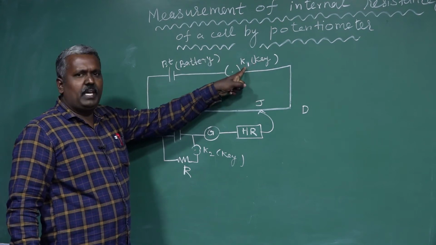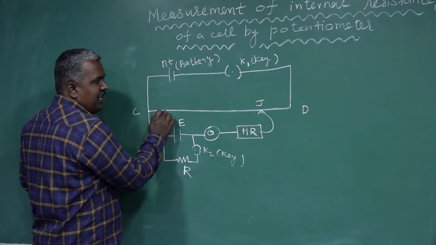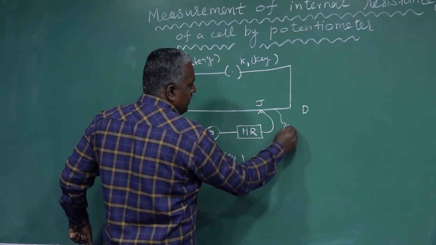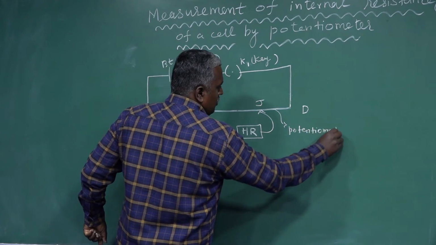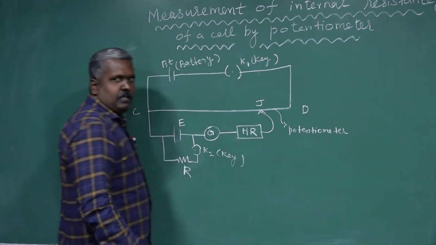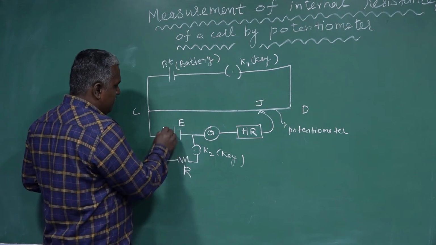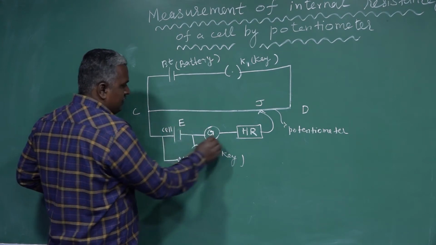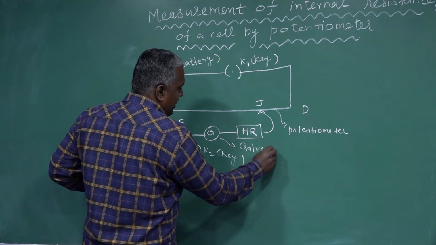Key, that is called K1. This is the potentiometer. This is the cell. This is the galvanometer.